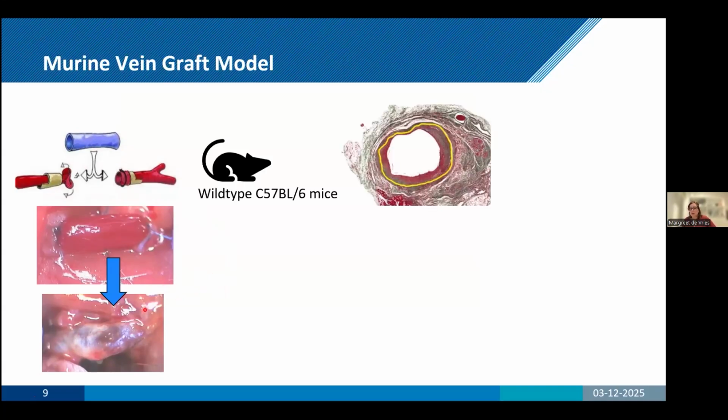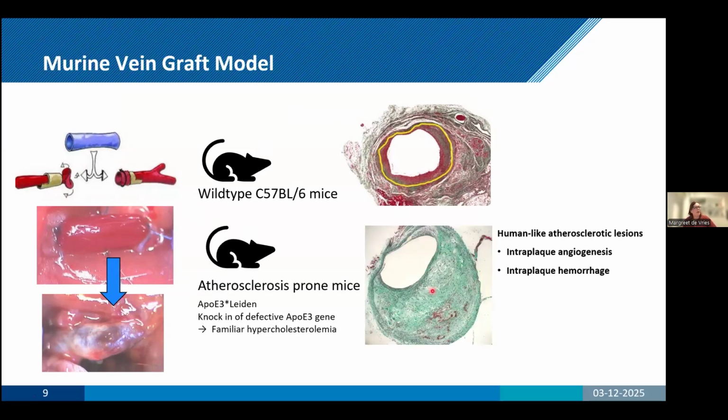If we use wild-type mice, we see a thickening of the vessel wall in 4 weeks, which consists mainly of smooth muscle cells and fibroblasts. But if we use atherosclerosis-prone mice, and in our case, we often use the ApoE3 Leiden mice, which have a normal cholesterol metabolism, but they also have a defective human ApoE3 gene that causes familial hypercholesterolemia.